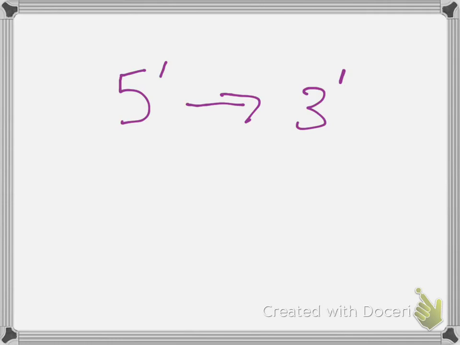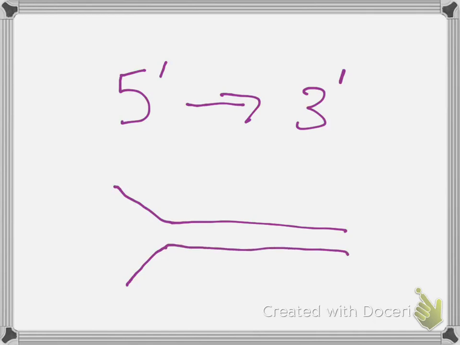If you're considering replication, you have your 5' to 3' and your 3' to 5'. You have to make your next strand in the 5' to 3' direction.